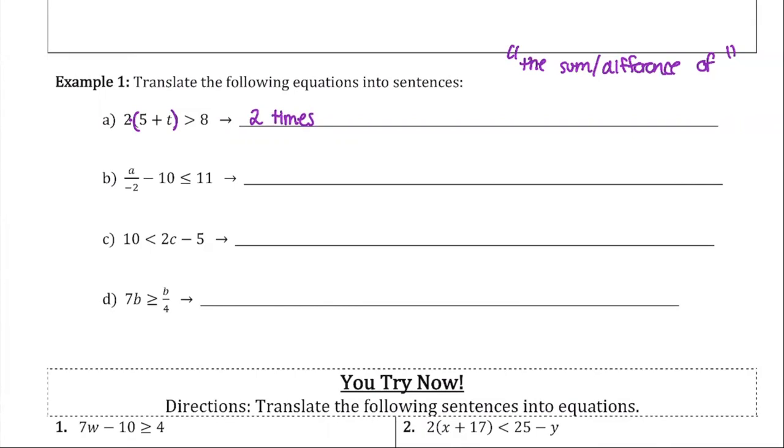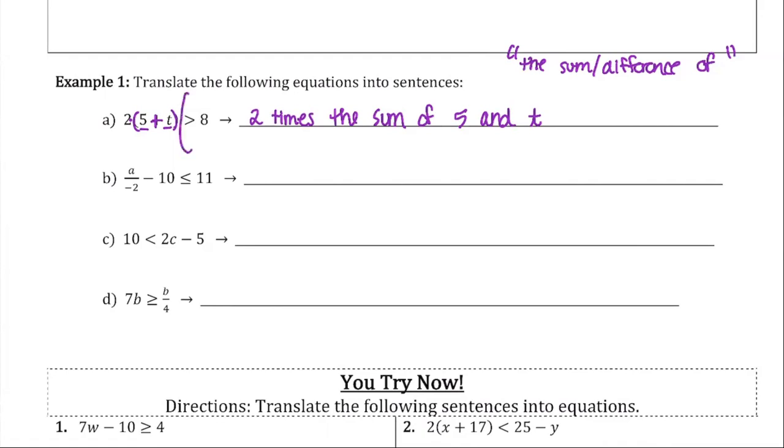So for us, it depends on what you're doing. Because we have an addition sign in here, that tells me that we're going to choose the sum of. So it's 2 times the sum of whatever 2 things we're adding. So we're taking the sum of 5 and a number t. So a 5 and t.